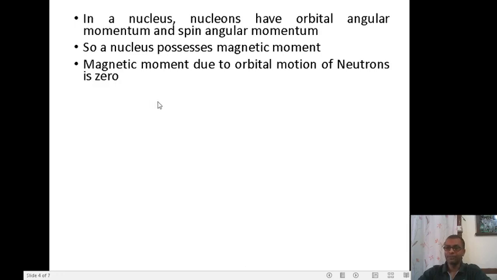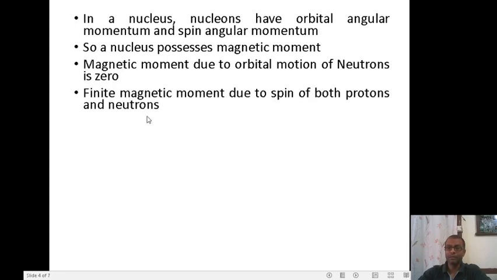So q is equal to 0, that is the charge is equal to 0, even though it has a finite orbital angular momentum L. The neutrons, because their overall charge is 0, contribute nothing to the magnetic moment because of their orbital motion. However, the protons will contribute because of their orbital motion.